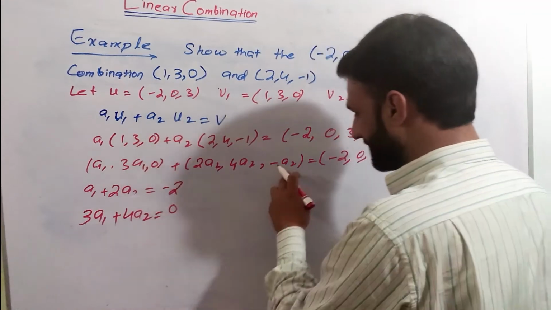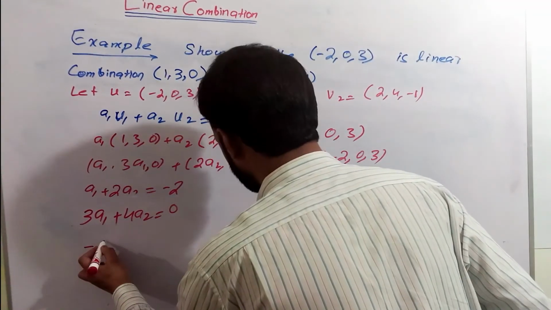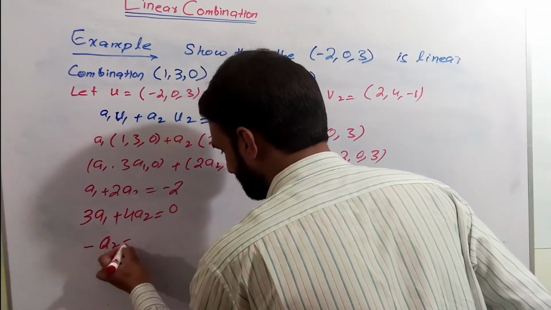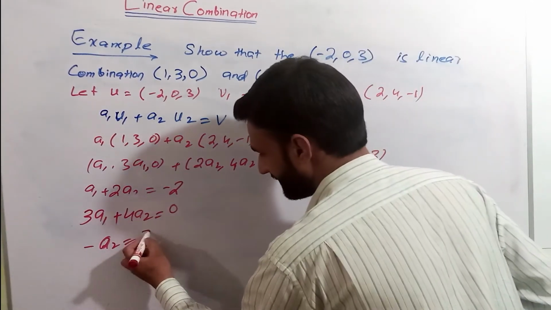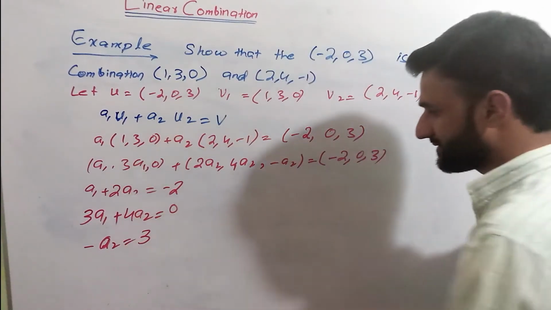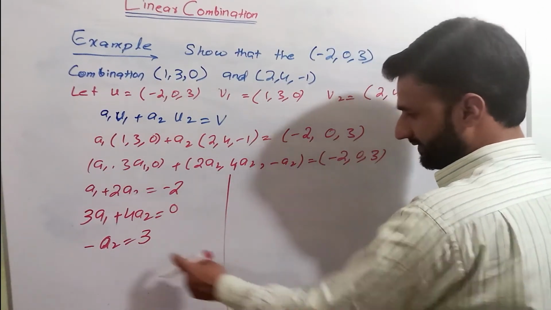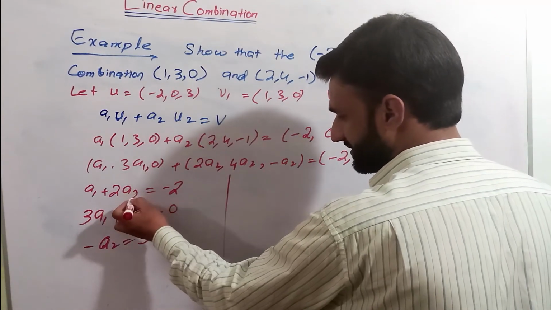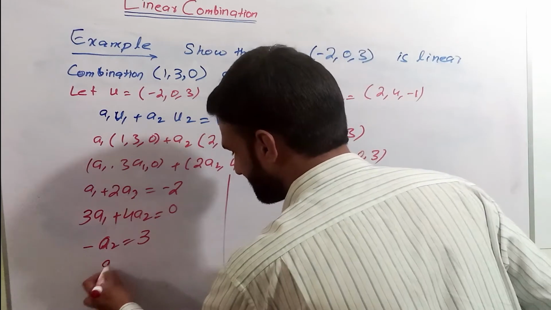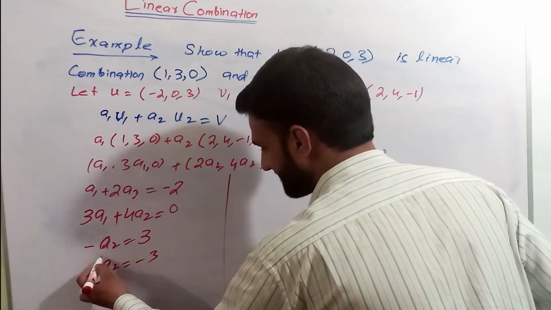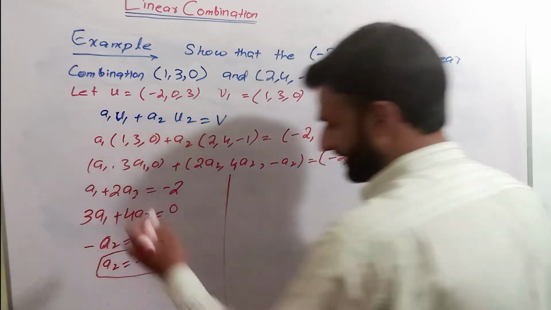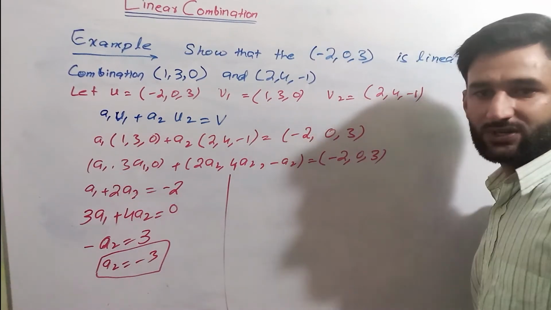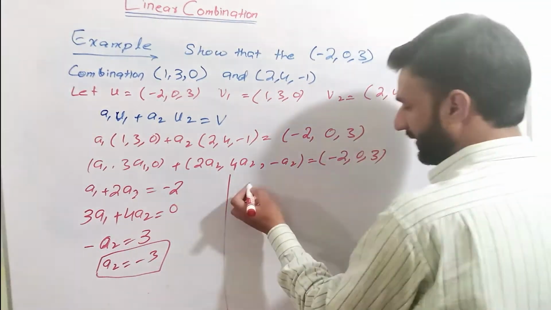And the third is negative a2 equals 3. So from the third equation, a2 is equal to minus 3. Now put this value in the first equation to find the value of a1.